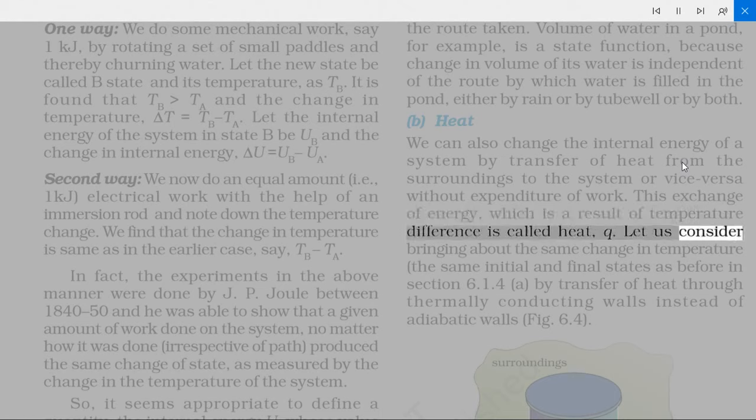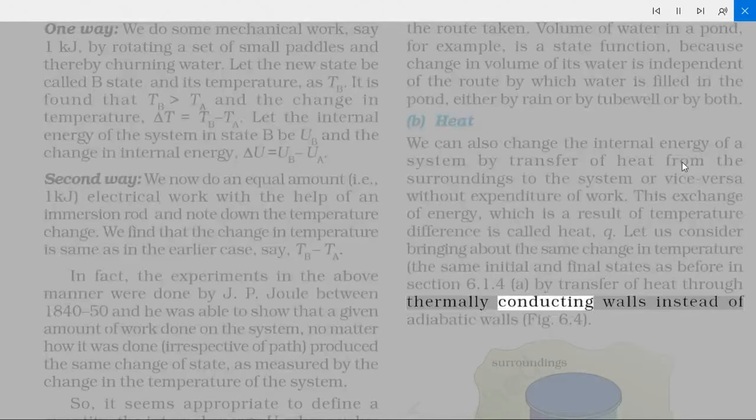Let us consider bringing about the same change in temperature, the same initial and final states as before in section 6.1.2 A, by transfer of heat through thermally conducting walls instead of adiabatic walls, Fig 6.4.